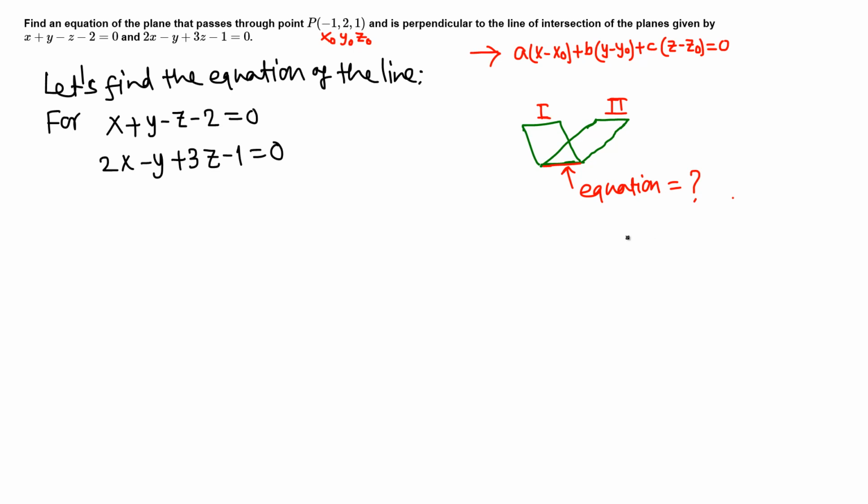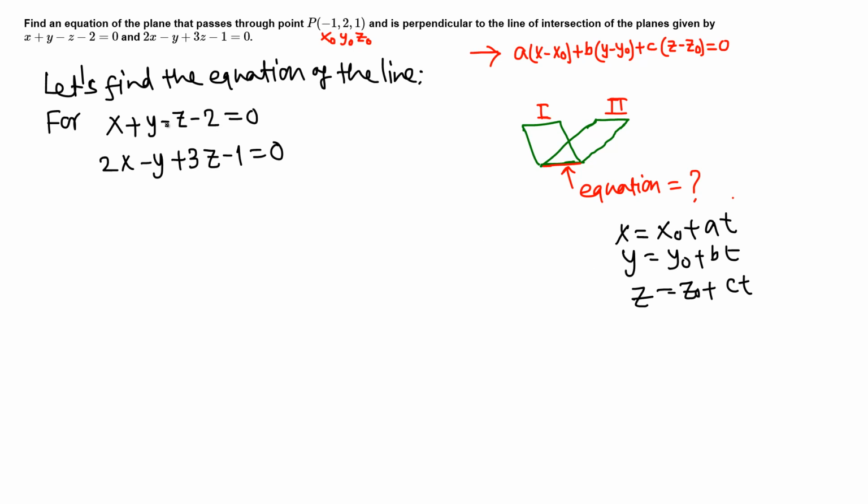And the equation of a line, we know, is x equals x naught plus at in the parametric form, y equals y naught plus bt. So we can assume a simple point first, x, then we can find y and z.